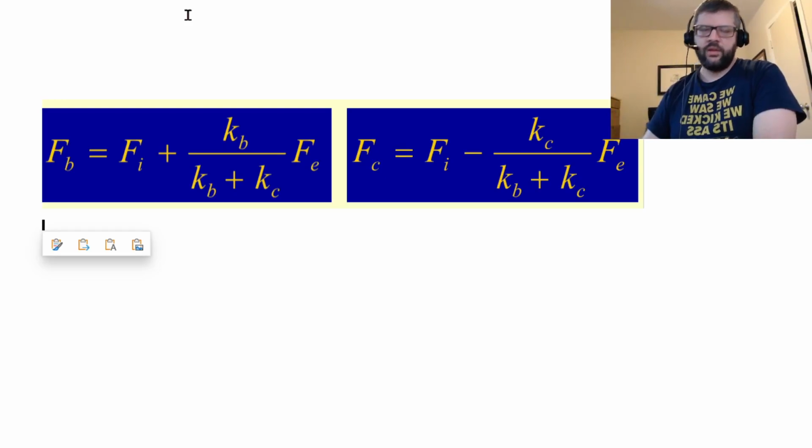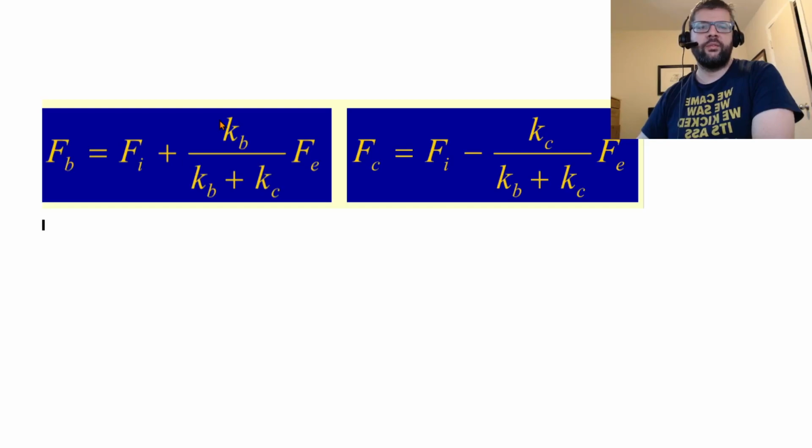So we want to know what the Fc is when the Fb is equal to 8.5 kips and our Fe is equal to 8 kips.